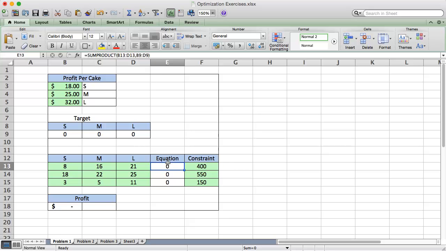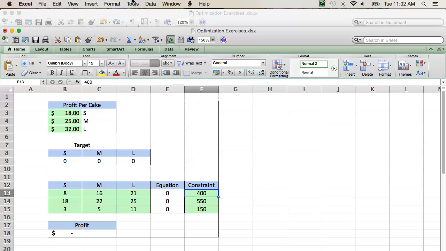Our constraint will actually be that the sum product of our ingredient amounts and the number of each type of cake made has to total no more than 400 ounces.